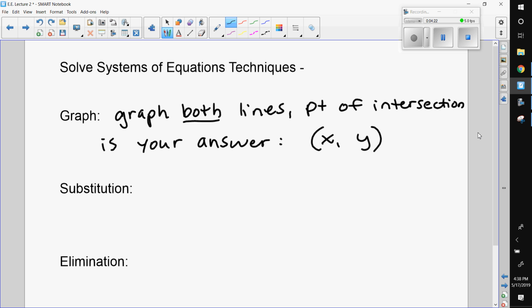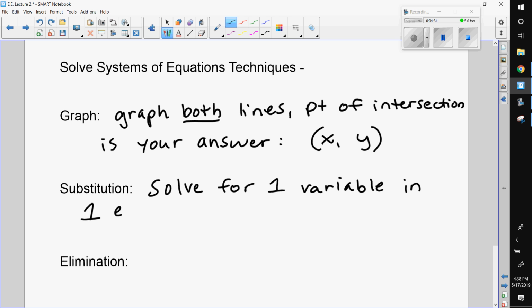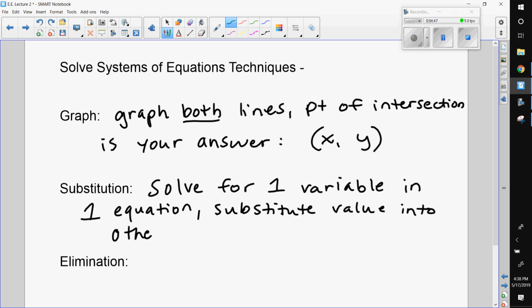If I want to use substitution, so this is doing it out algebraically, I can solve for one variable in one equation, and I want to substitute that value into the other equation. And you've got to substitute it back as well. So your answer should still be x comma y.